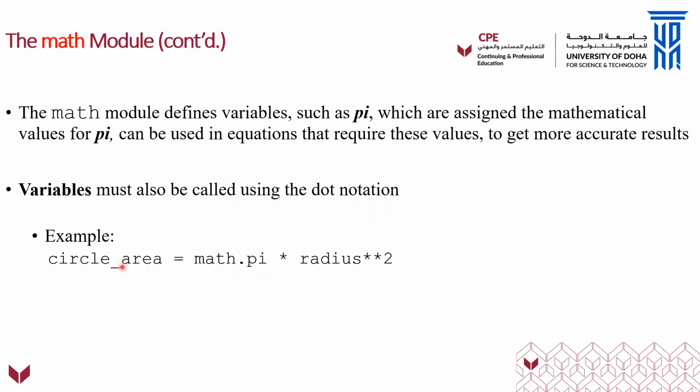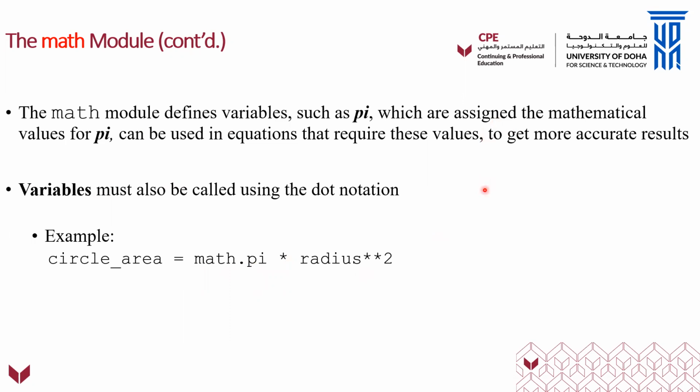So let's assume that I want to use the value of pi, which is equal to 3.14159 around. Instead of writing this value manually, you can call the pi variable using the module math. And in this case, the interpreter will replace math.pi by the value, which is 3.14159.